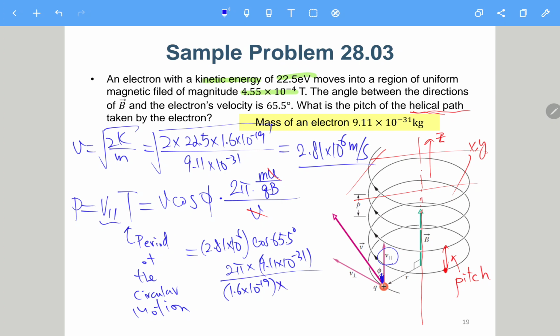And then times b, b is this value, 4.55 times 10 to the negative 4th power. Okay, so we can just press the calculator. This is 9.16 centimeter, or you can write it as 0.0916 meter. Okay, so this is the pitch.